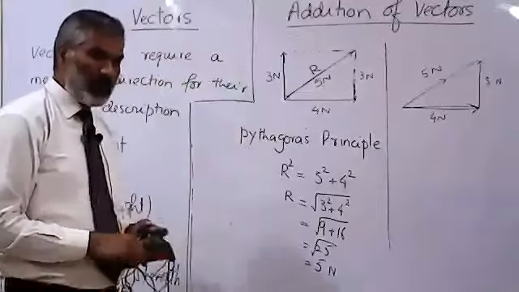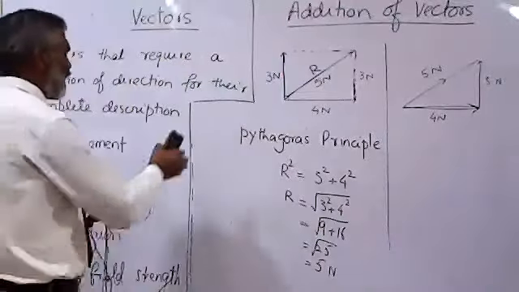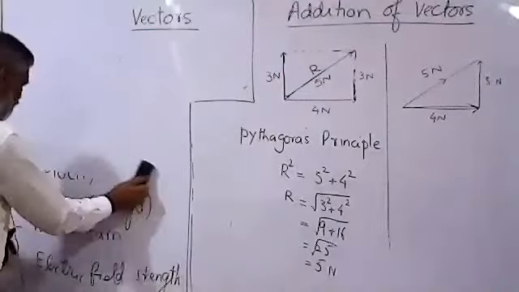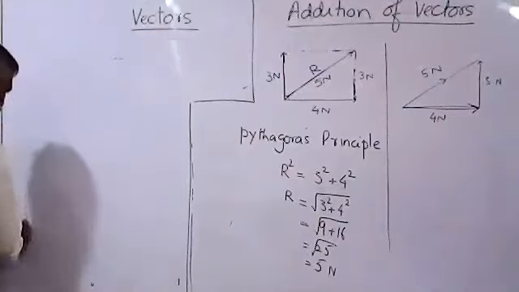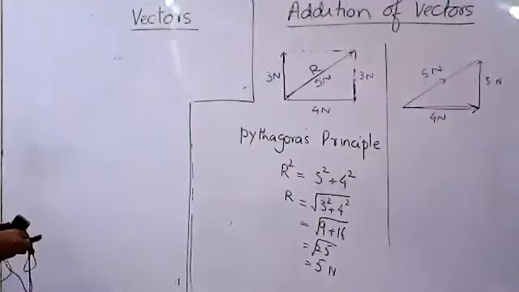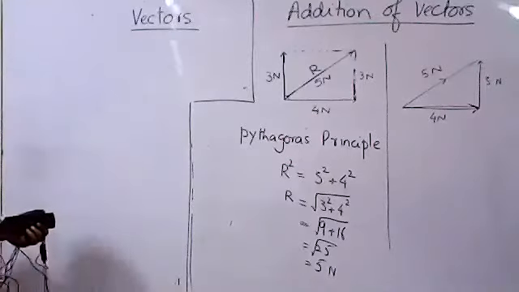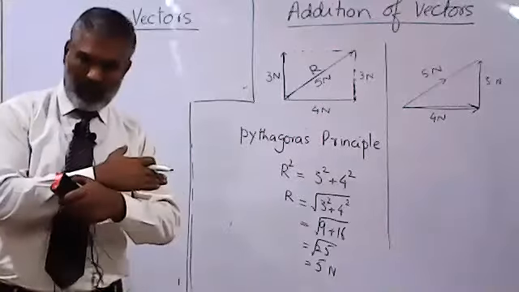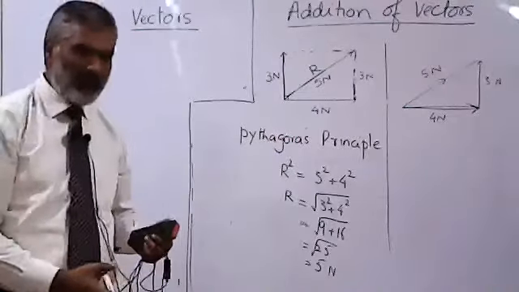Now we come to the third situation in which vectors may be added. The third situation is the one in which vectors are neither exactly in the same direction nor opposite. That is one situation that we discussed in the beginning.